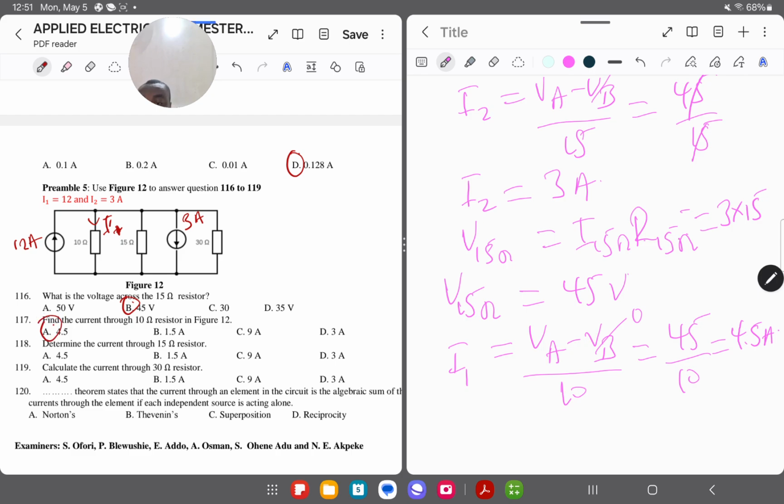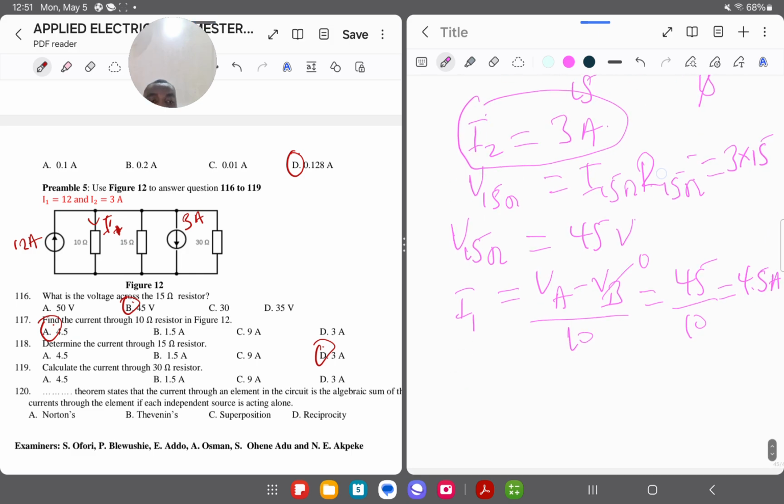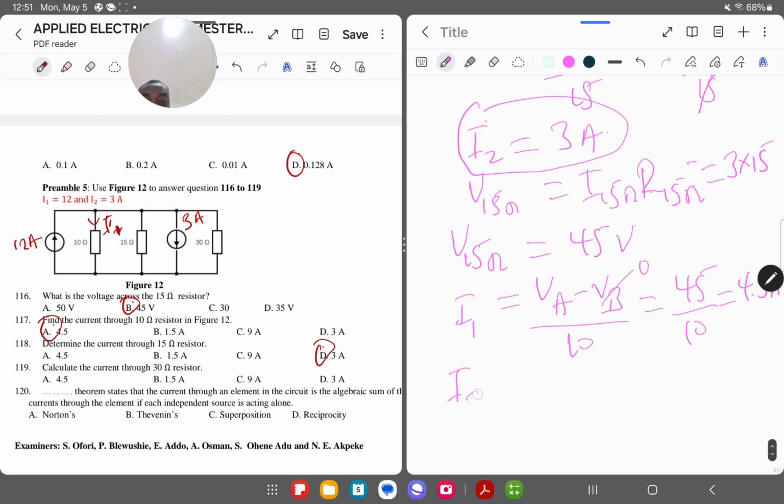Now moving to question 118. Determine the current through the 15 ohms, which I already did, right? And that one was 3 amps. So the answer for this is D. And then 119. Calculate the current through the 30 ohms resistor. That one, meaning I3.